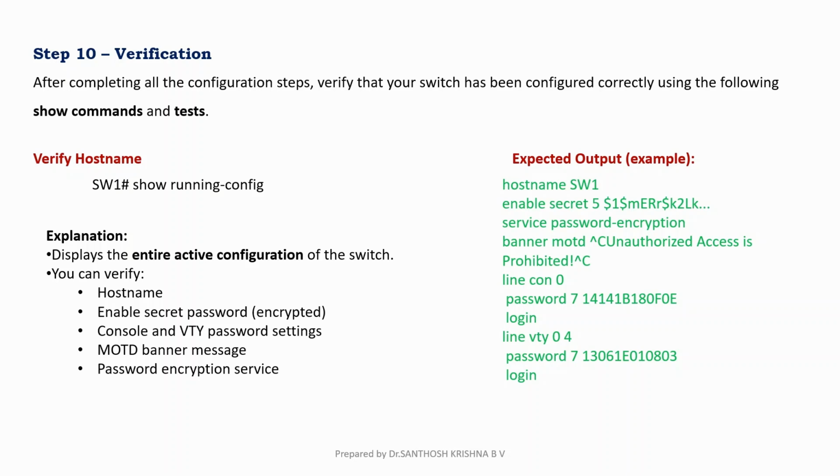We can see the secret password, the message of the day we have given, and the service password encryption we have given. On the output side you can see the passwords are there, but we are not able to read them because they are again secured. Even when we are logging in, they will not be visible because we have secured them.